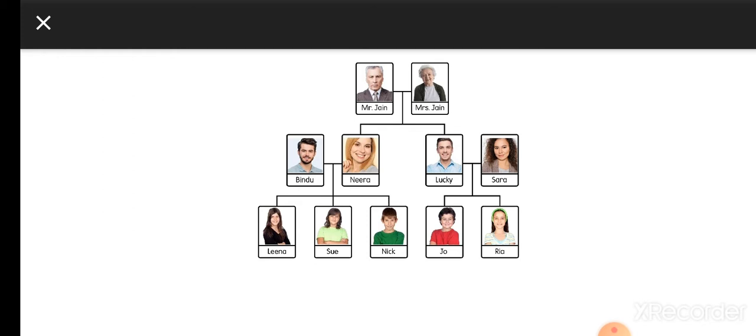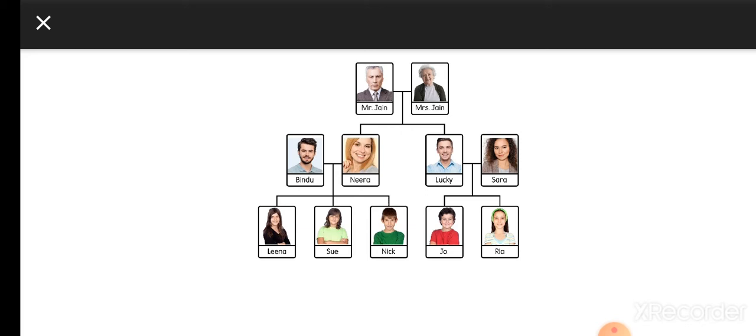That is the topmost part of the chart. In the middle part of the chart you can see Bindu, Neera, Lucky and Sarah. And at the bottom you can see Lena, Sue, Nick, Joe and Ria. So these are the children of the family.